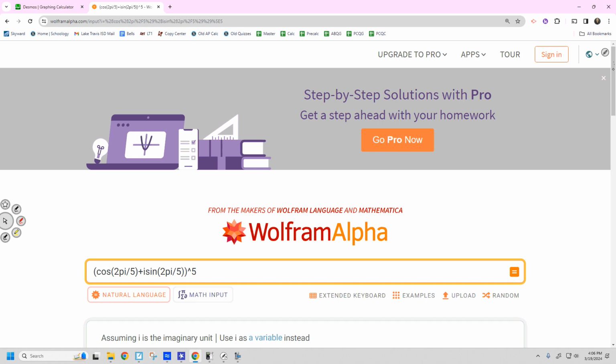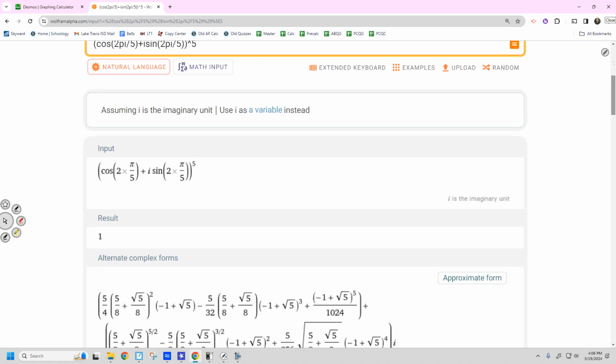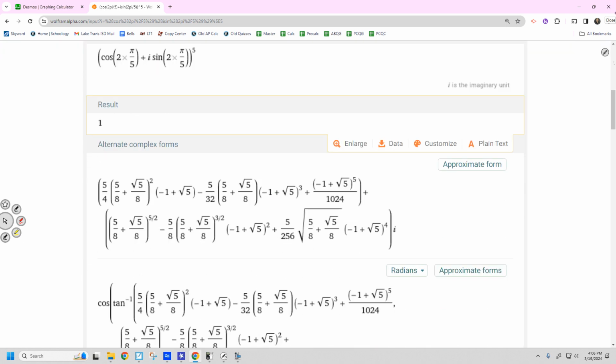Sine of 2 pi over 5, I don't know what it is. Times i to the 5th power, I get 1. Now look, this is actually the number of the cosine of 2 pi over 5. Good luck trying to find that by hand. This is actually the number of the sine of 2 pi over 5. Very, very complex. However, this is correct. And if you take this to the 5th power, you get 1.